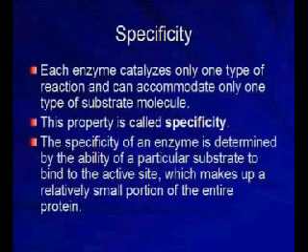Specificity: as the term implies, each enzyme catalyzes only one type of reaction and can accommodate only one type of substrate molecule. The property is called specificity. The specificity of an enzyme is determined by the ability of a particular substrate to bind to the active site, which makes up a relatively small portion of the entire protein.